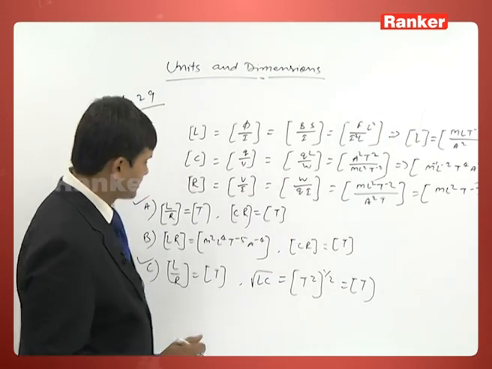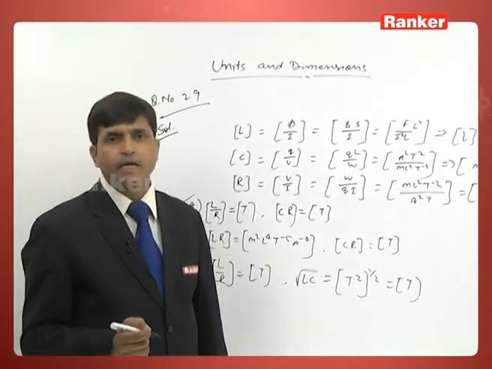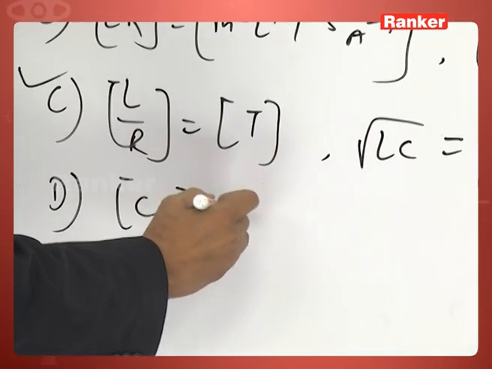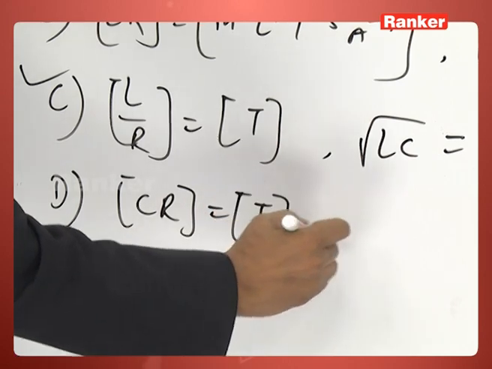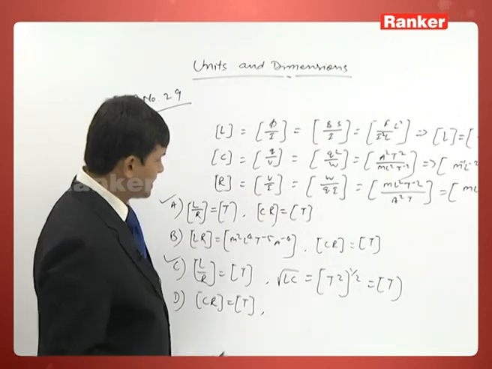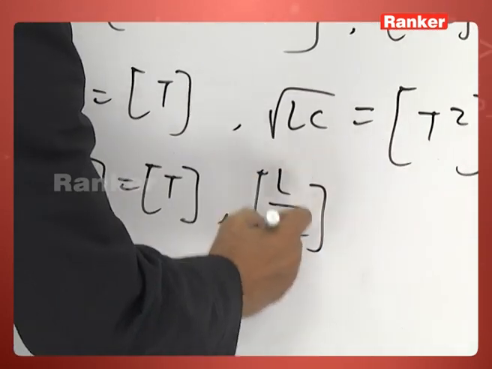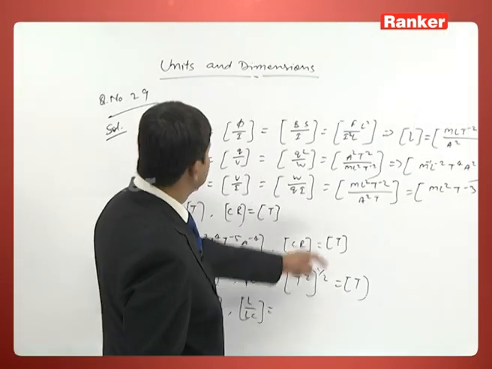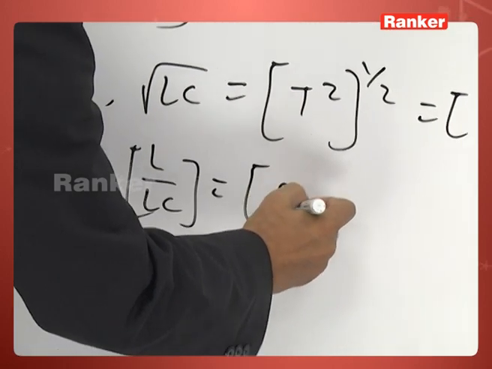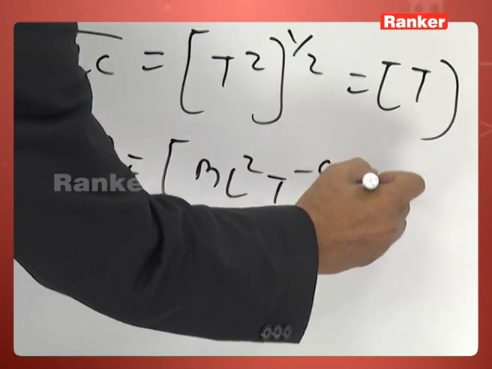Now, the D. In the D option number 1, RC into R. C into R we have already found, the dimension is T, and another L by LC. This has dimension 1 by C. So 1 by C we can write as M L square T minus 4 A minus 2.